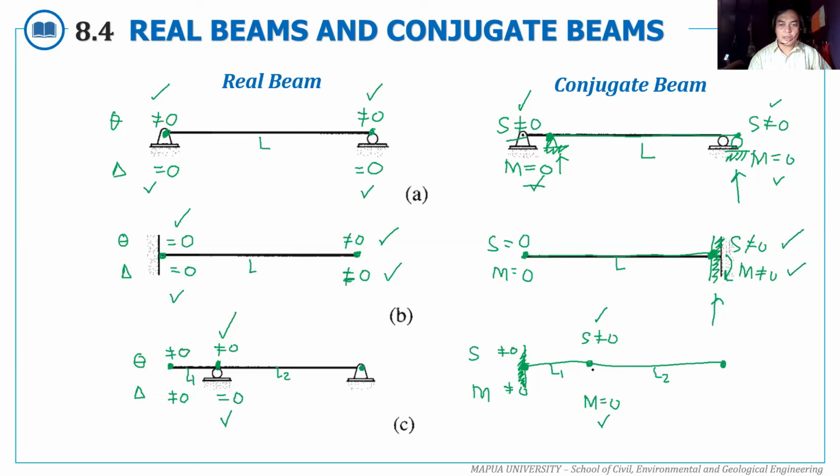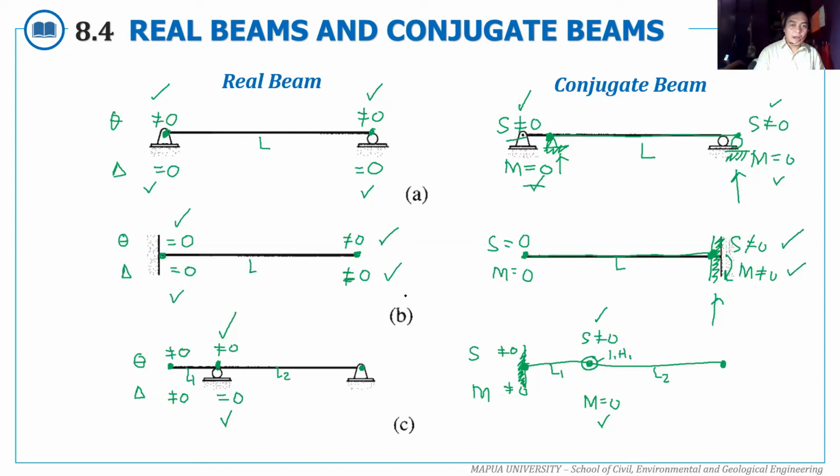Anong gagawin ko sa support na to? 0 yung moment, pero may shear force. So, anong klaseng joint yun? Di ba internal hinge yun? Internal hinge. So, this would be an internal hinge. Di ba ang internal hinge, may shear force doon, pero pagka kinat mo yung section, the moment there would be 0.